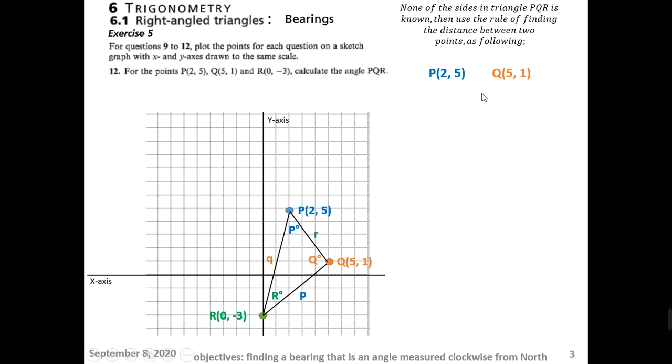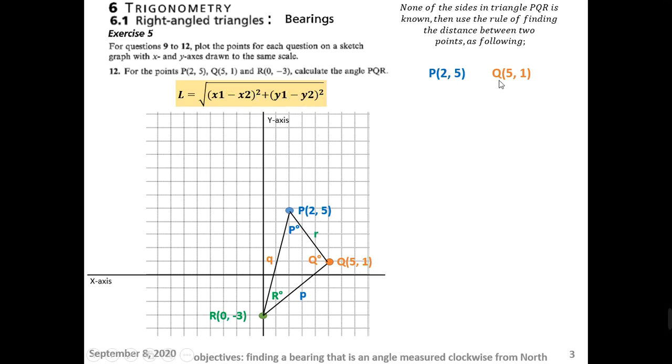Let's take P and Q, and the general rule of finding the length of a line is square root of the difference of the x to the power of 2 plus the difference of the y to the power of 2.